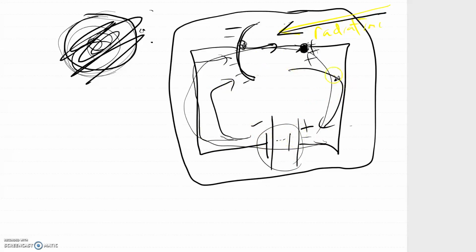And we can measure the relative number of electrons emitted by having this ammeter, because the higher the reading is, that means more electrons have been emitted, right? So that's basically the experiment.